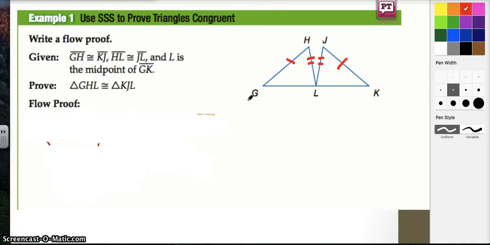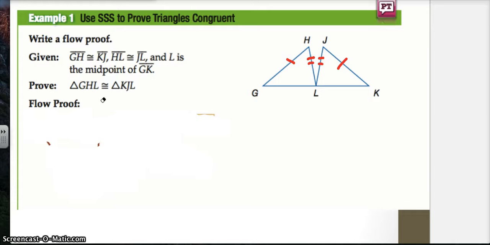And then we have that L is the midpoint of this segment GK. So obviously we're going to use SSS. The last thing we need to prove is that GL is congruent to LK, and that's pretty easy because by definition of a midpoint we're going to break a segment up into congruent pieces, correct? All right, so you know that that's going to be the crux of this particular flow proof.